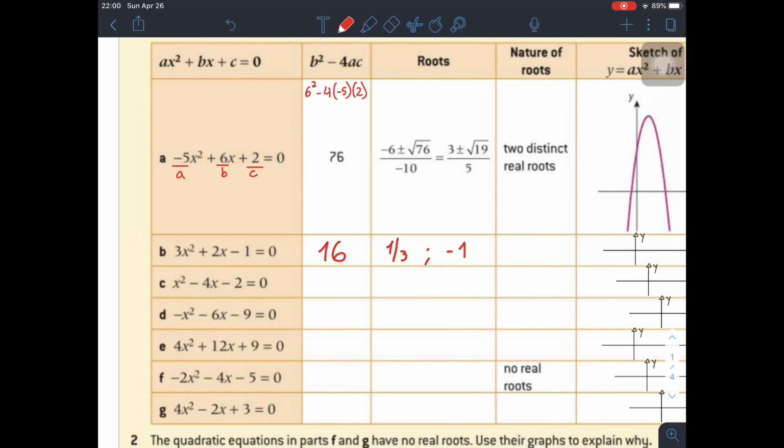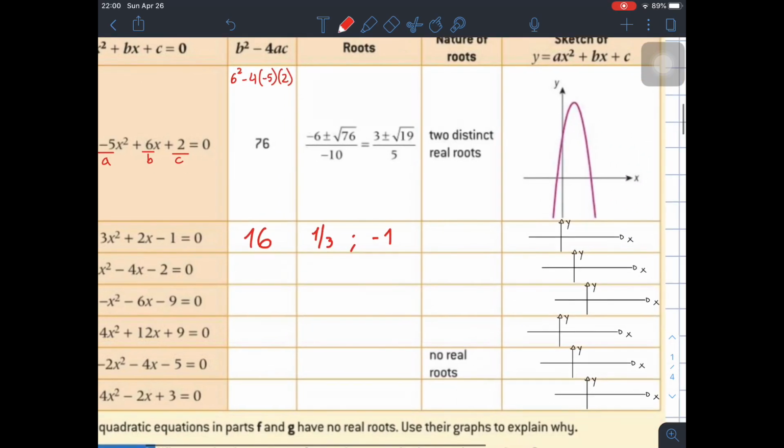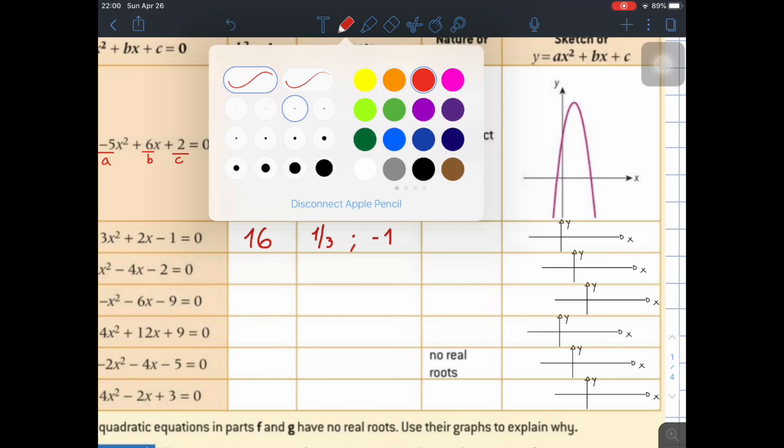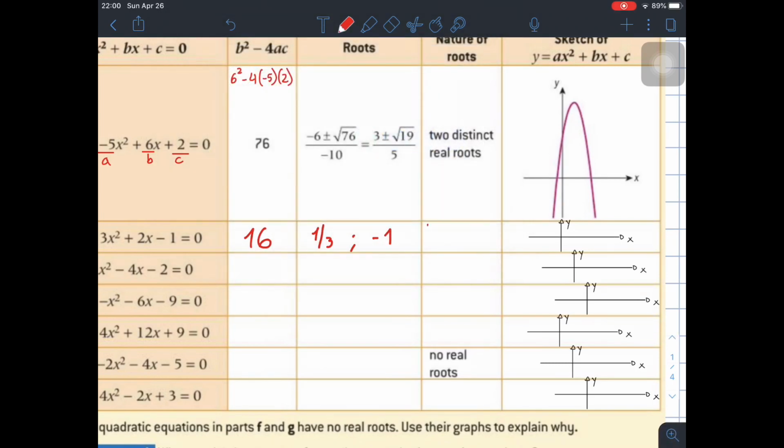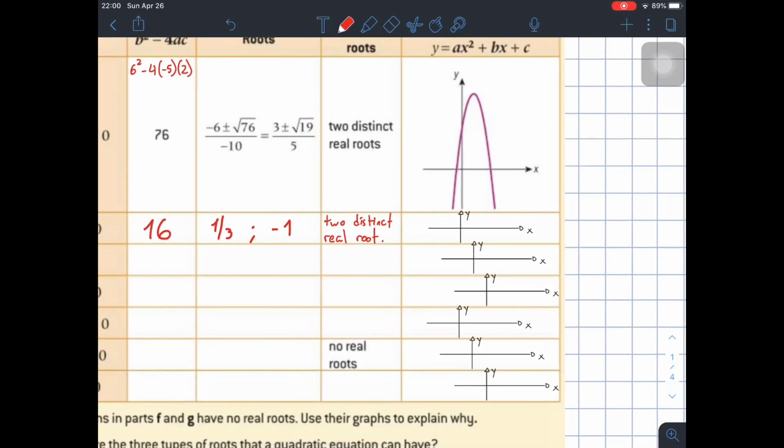So once again, I have two distinct real roots, right? So I'm going to write that here. Two distinct real roots. If I sketch this graph, let me sketch that for a second.